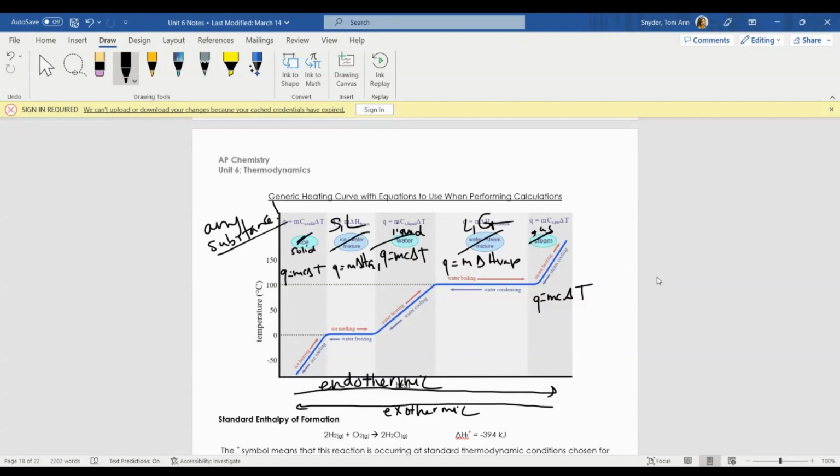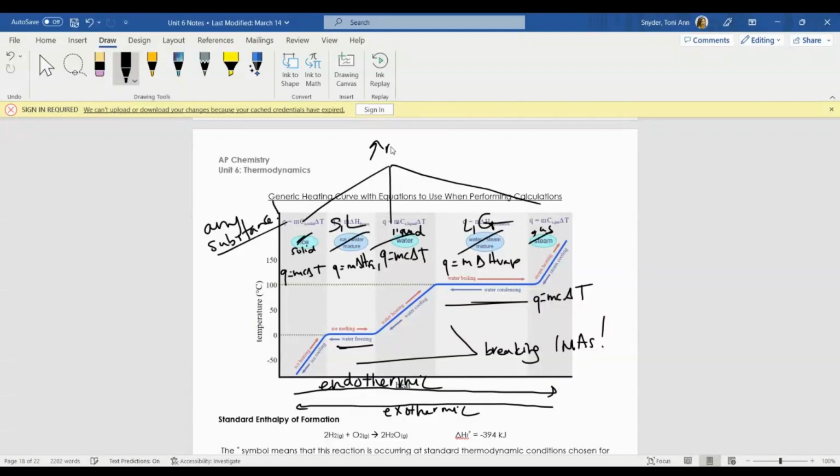There is no temperature change during the phase change, because the energy is going towards breaking those intermolecular forces rather than raising the temperature. So when I'm in the solid, liquid, or gaseous state, I can raise the temperature. That's why we have a delta T for that.